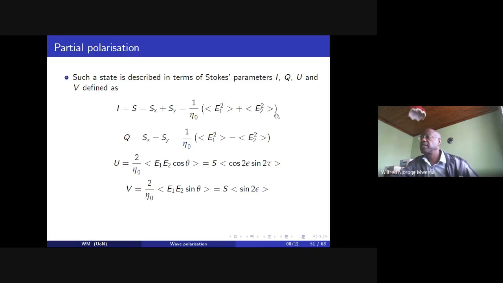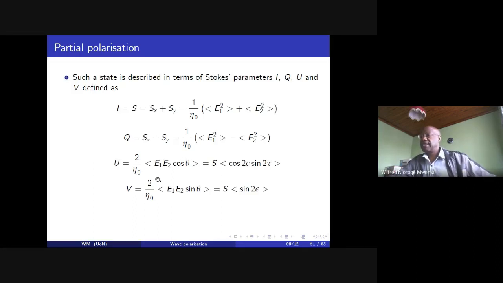Because E1 and E2 are random variables, the only thing we can get is their average square value or mean square value, and this is what we are representing by these expectation values. Q is defined as Sx minus Sy, given by 1 by eta of that minus the other.